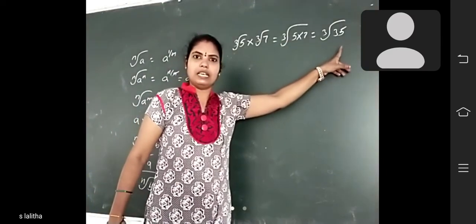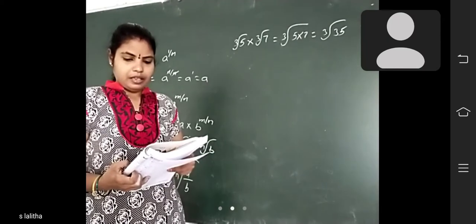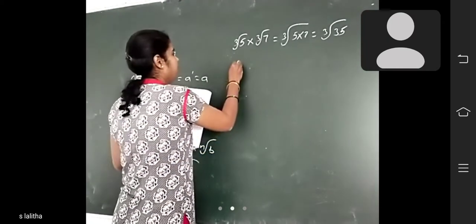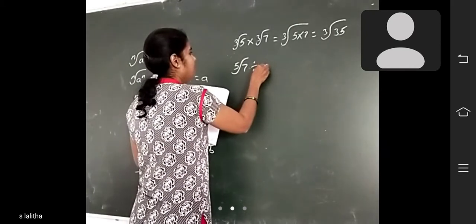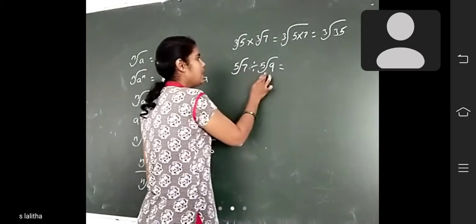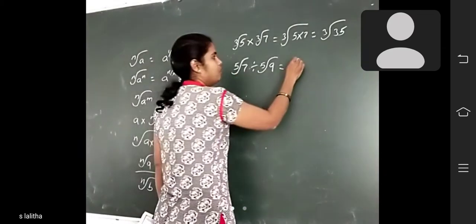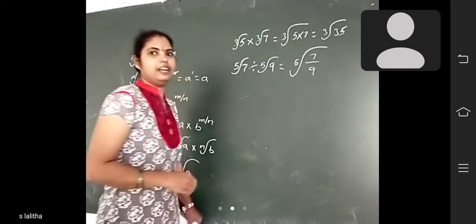Cube root of 35. Like that you should write. Next, fifth root of 7 divided by fifth root of 9. How can you write this one? Both are having fifth root only, so fifth root of 7 by 9. Like that you should write.